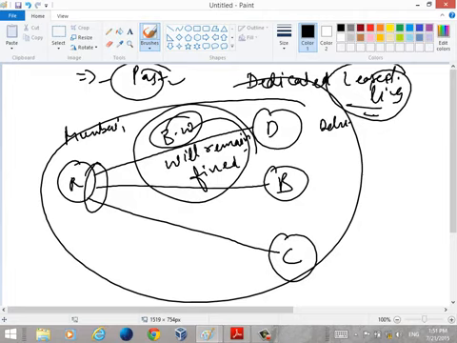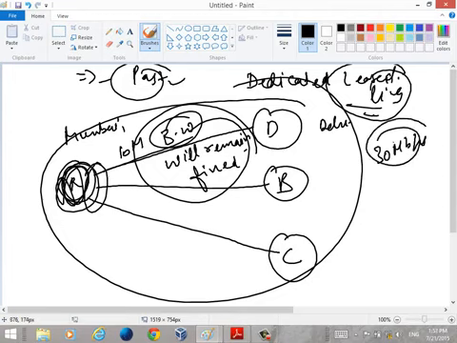Now in this case, if every lease line is of 10 Mbps, R1 will get how much speed? 30 Mbps. He has to pay for how many lease lines? 3, and he has to pay for 30 Mbps, even though he is not using it. This is the main thing about a lease line. Like I have a lease line of 10 Mbps, the price is fixed.